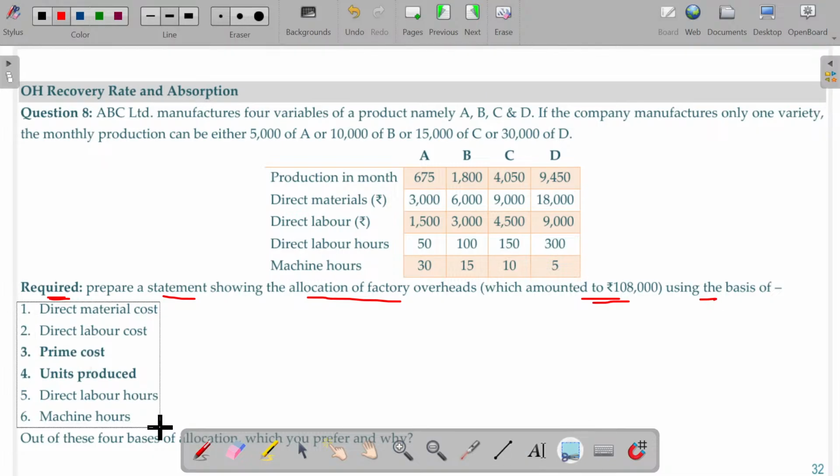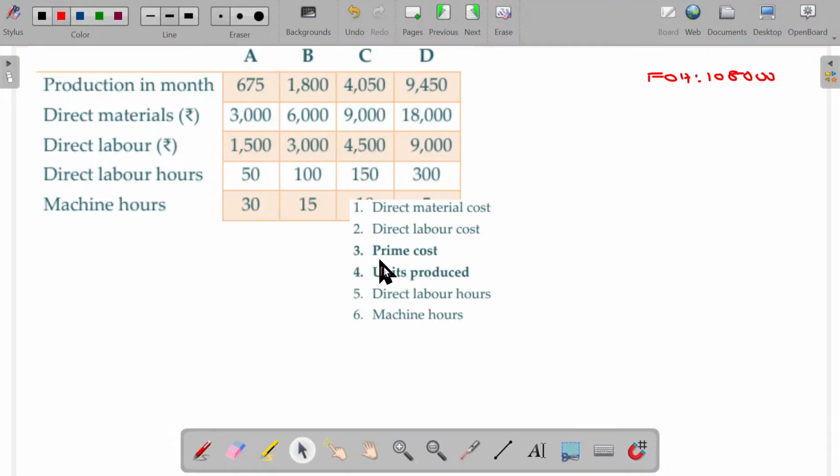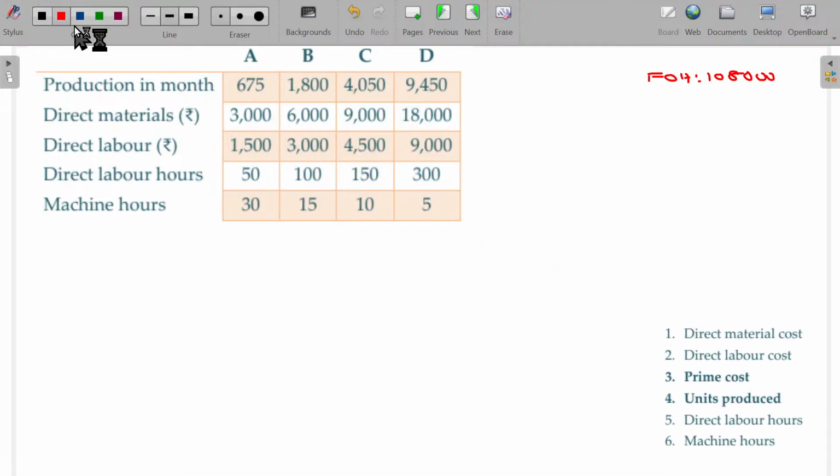These are the bases: direct material, direct labor, prime cost, units produced, direct labor hours, machine hours. Actually, the same illustration was asked in the CMA examination, leaving the 3 and 4. 1, 2, 5, 6, these are the only 4 items considered as basis and the answer was to be given in your examination. How do I calculate the overhead recovery rate?